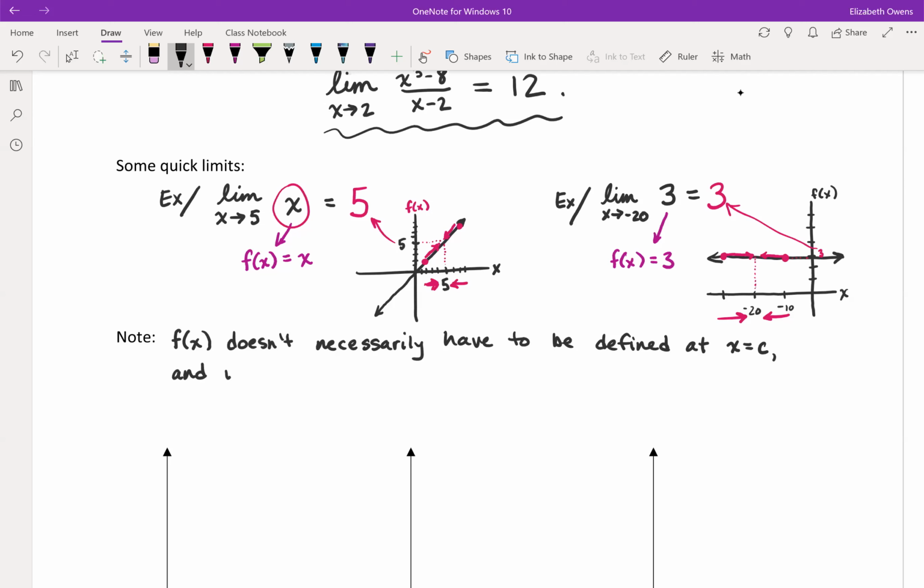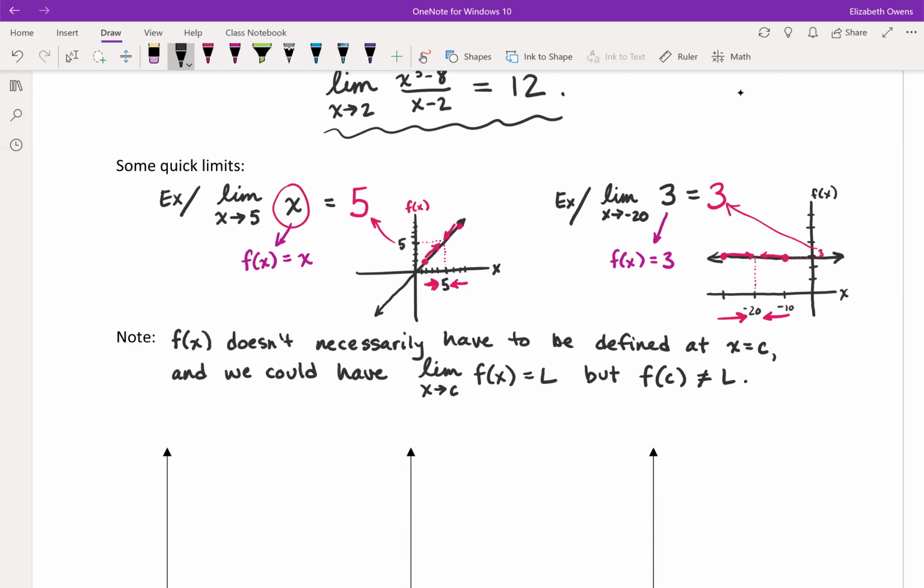And we could have some other scenarios here. We could have a limit. Okay, so we could have a limit as x approaches c of f of x that equals L. Okay, but if the function is defined at c, the value of the function when you actually plug c in could be something different than the limit.